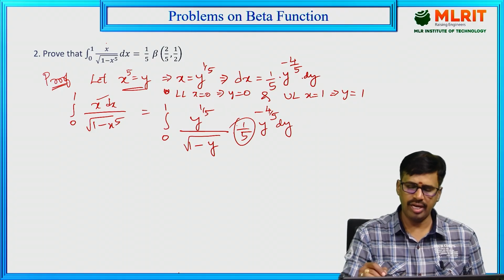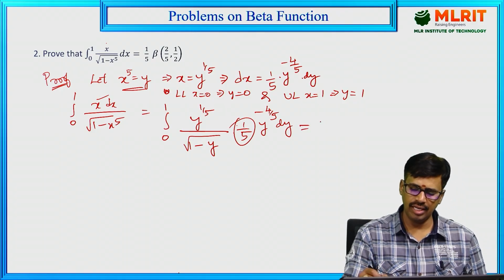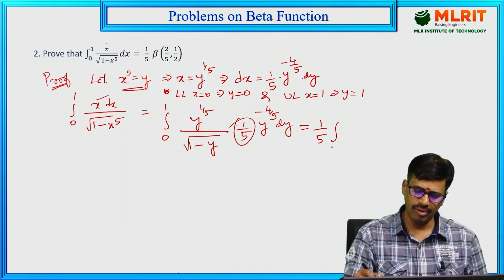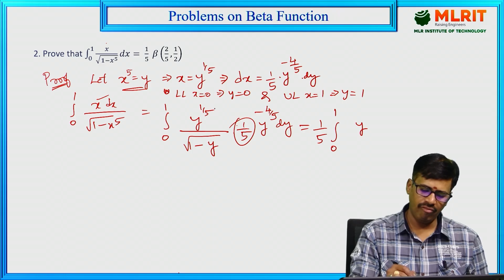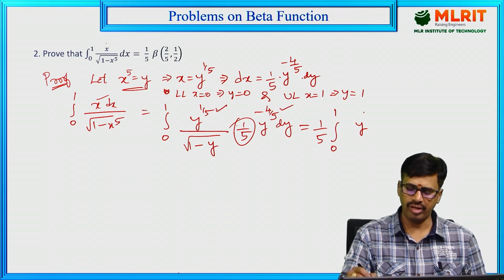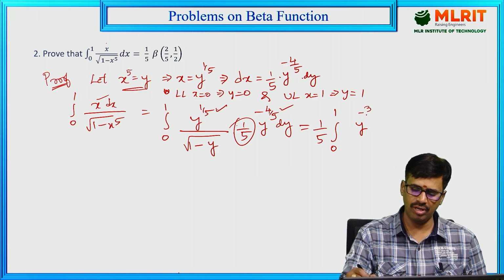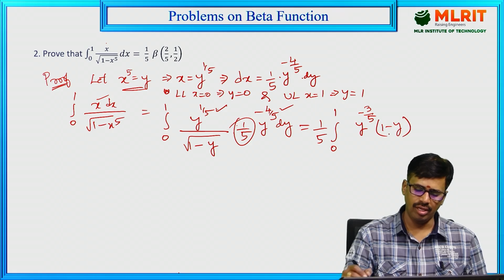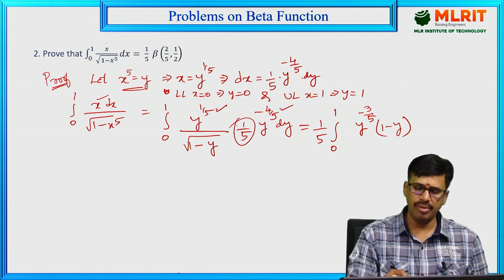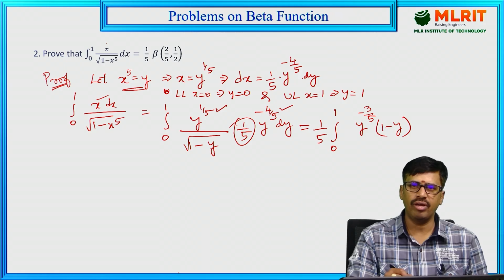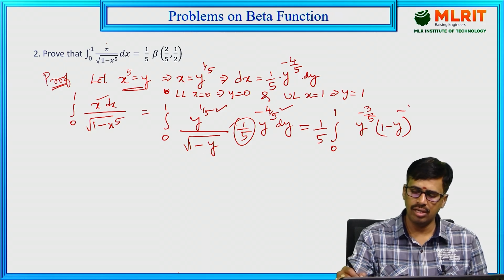This 1 by 5 we write outside. So this integral can be written as 1 by 5 integral 0 to 1. Here we have y power 1 by 5 and y power minus 4 by 5. So this can be written as y power minus 3 by 5 into 1 minus y. Under root of 1 minus y means 1 minus y power 1 by 2. If I take this to the numerator, it is power minus 1 by 2, into dy.